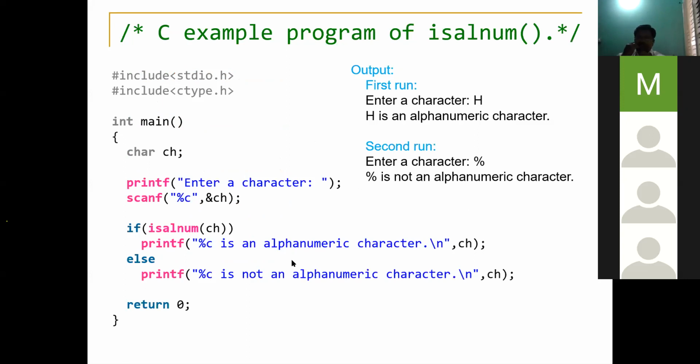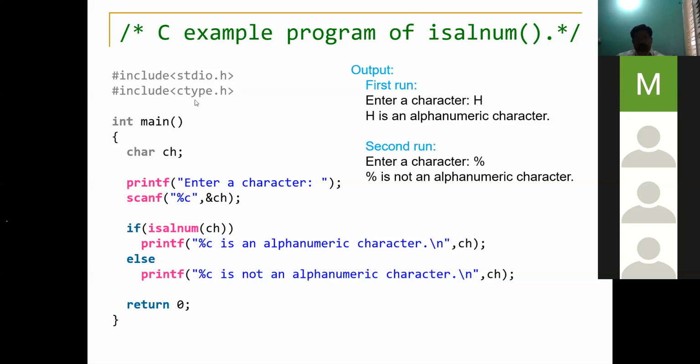Now, this is a simple example program where we are trying to find out whether the input character that we give is alphanumeric or not. So you can see that I have included two header files. The first one being the stdio.h, standard input output.